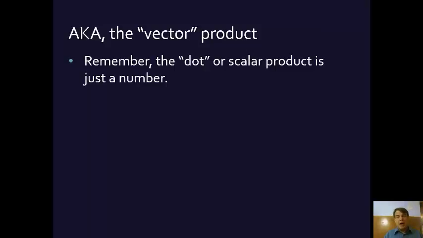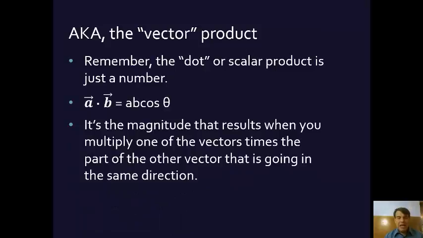So just to review what the dot product is: the dot product is the magnitude that results when you multiply a vector by the part of another vector that is going in the same direction. That's what the dot product is. You pick either of the vectors, it doesn't matter which one you pick, and multiply it times the part of the other vector that's going in the same direction.